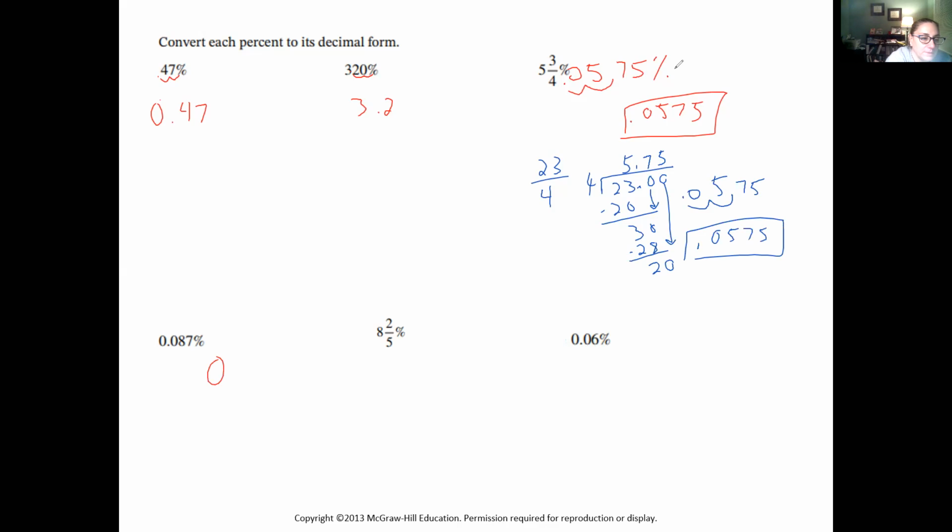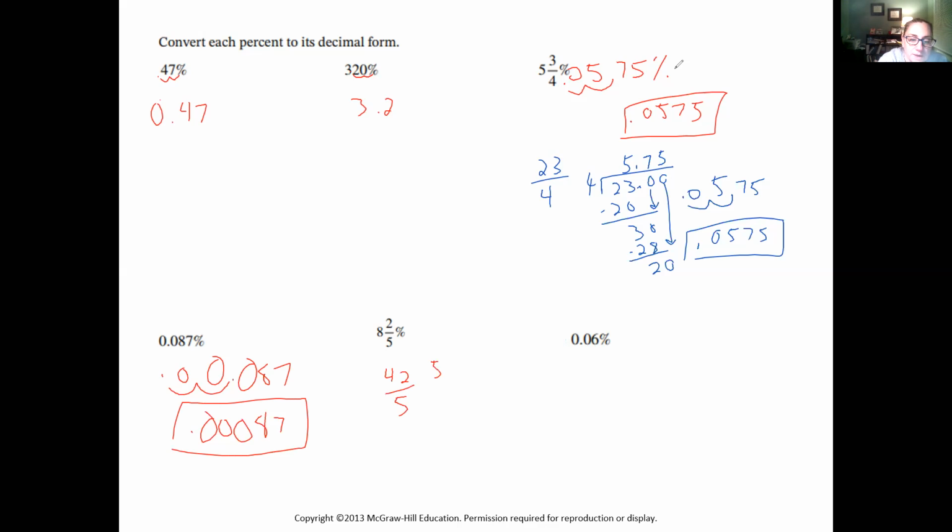Here we have 0.087. If we go to the left, now going to have. So for this one, I'm going to convert it into an improper fraction first. So 8 times 5 is 40 plus 2.